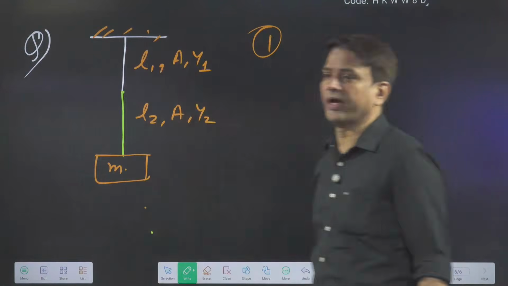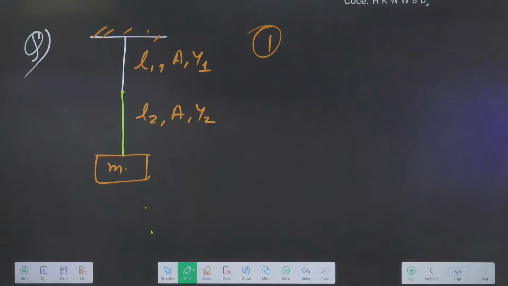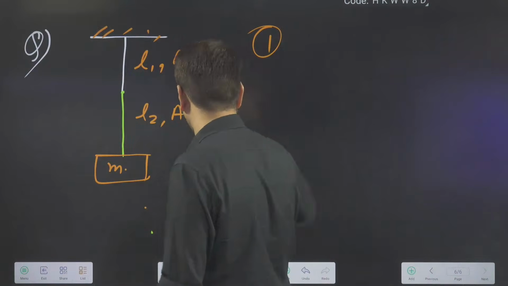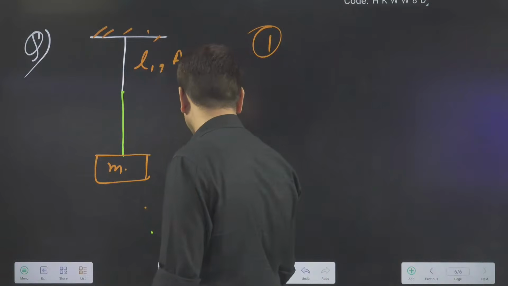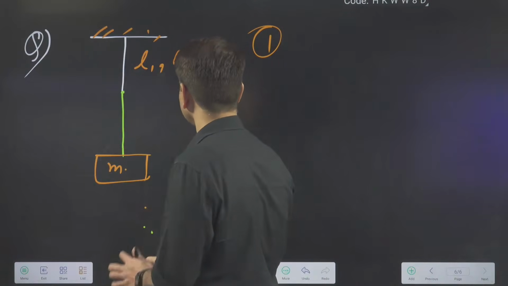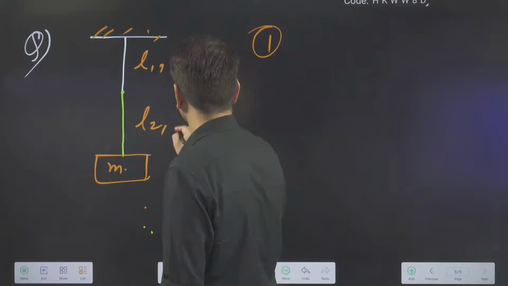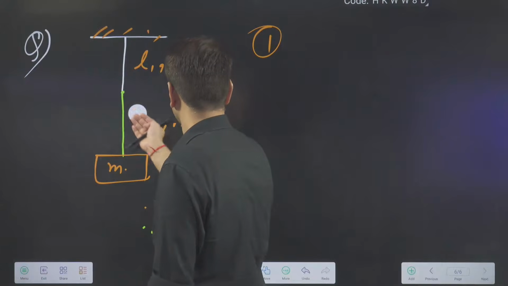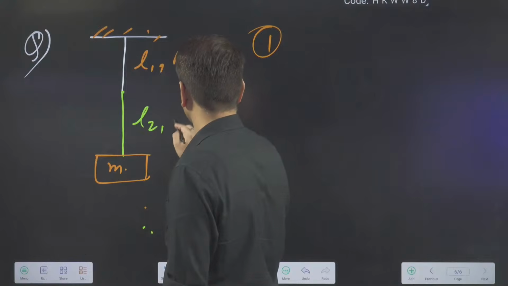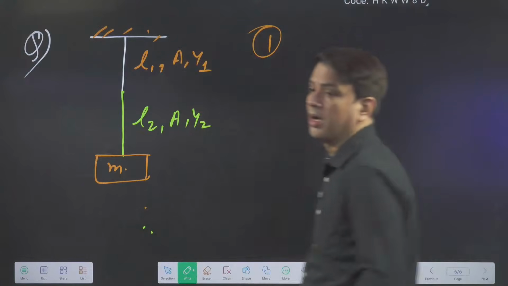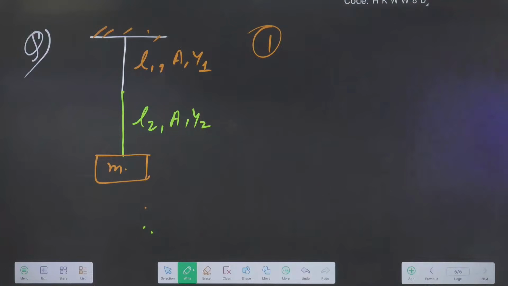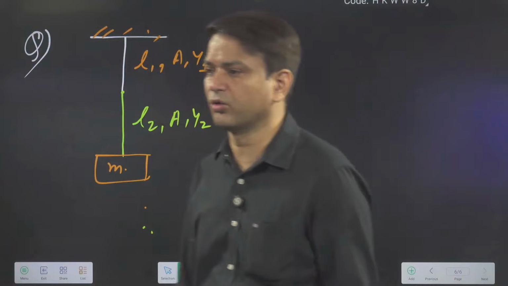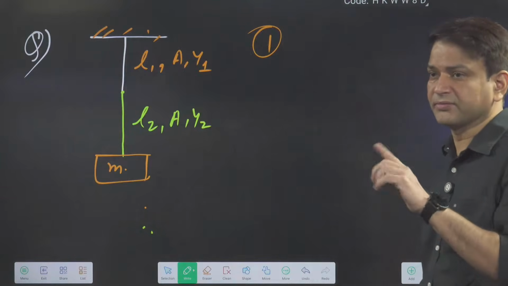So here two wires of different material. One wire has the Young modulus Y1, other wire has the Young modulus Y2. I connected end to end, and then I hang the mass M from the second wire. Area I gave same.